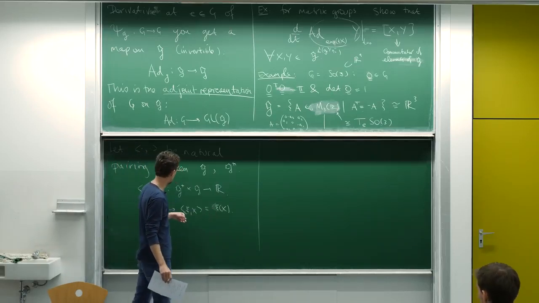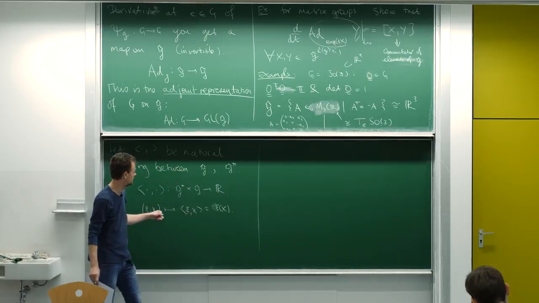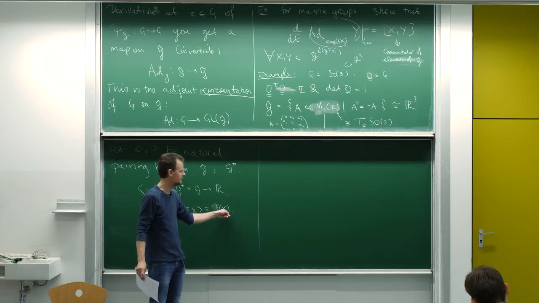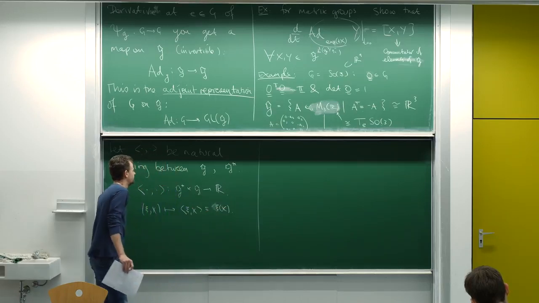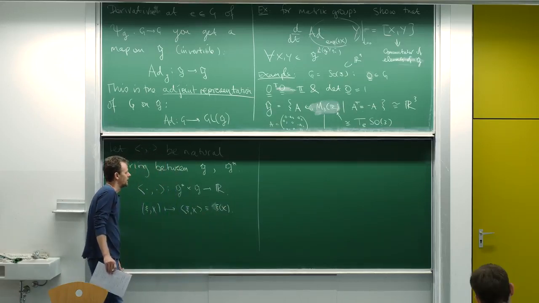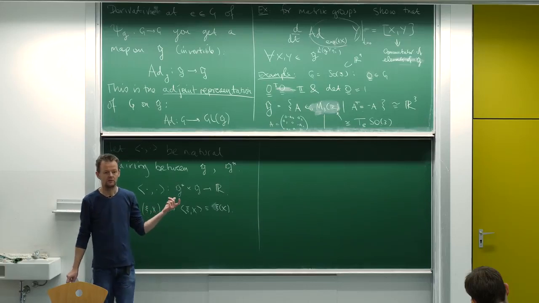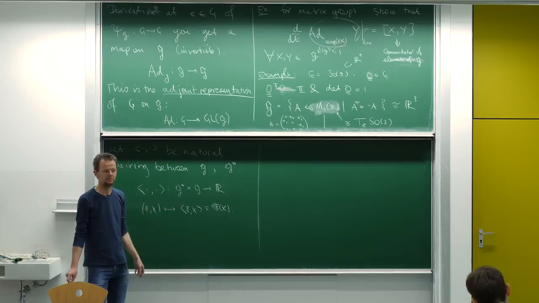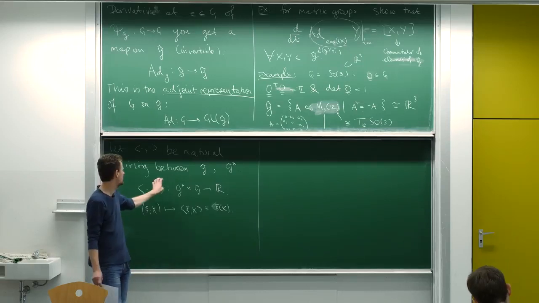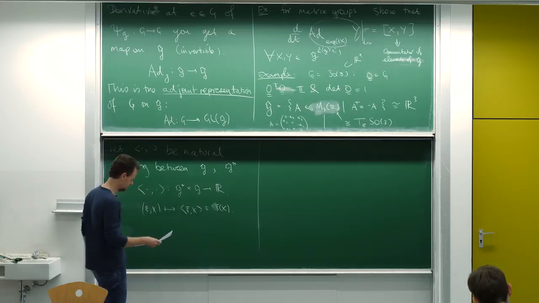Just take the element of the dual and feed it the element of the Lie algebra, and it gives you a number. And whenever you have such a pairing, you can find the adjoint under this bilinear form of anything that happens on the right-hand side. So that's what we're going to do now.